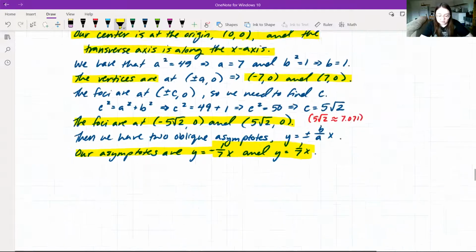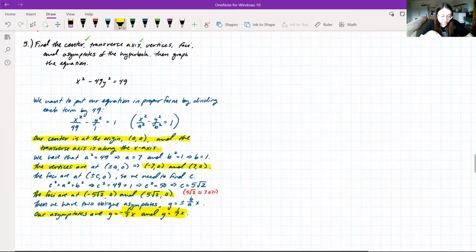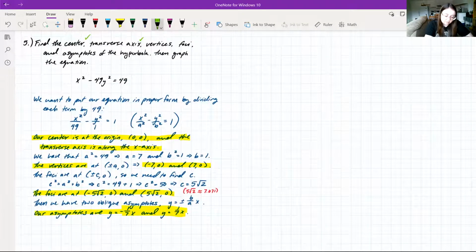So we found everything our question asked us to find. We found the center, we found the vertices, we found the foci, and we found the asymptotes. So everything we found is going to now lead us to our graph of this hyperbola.